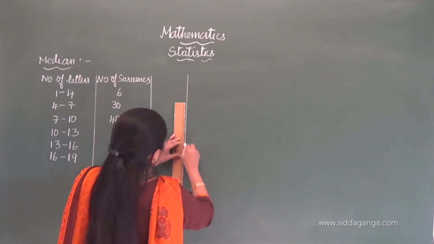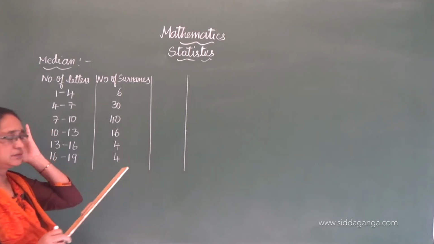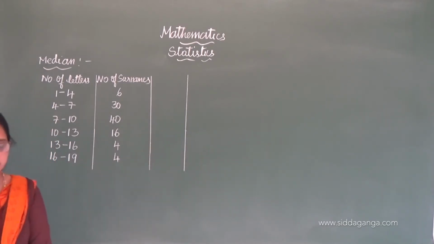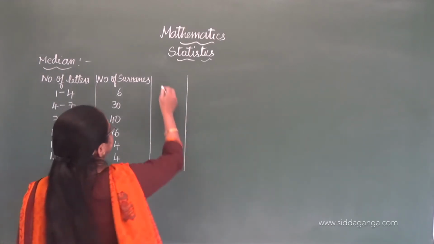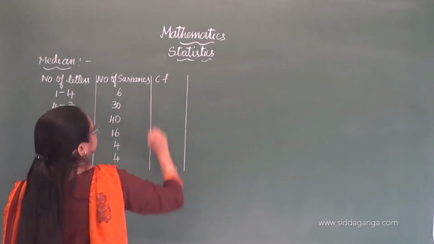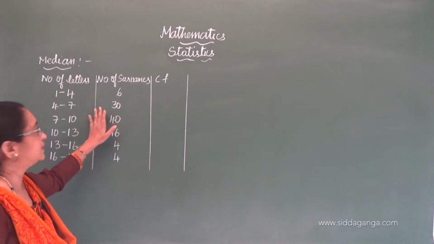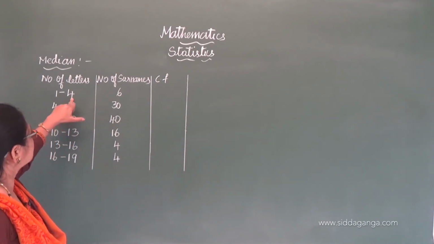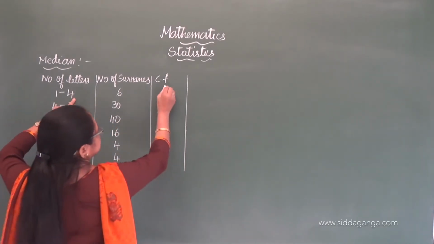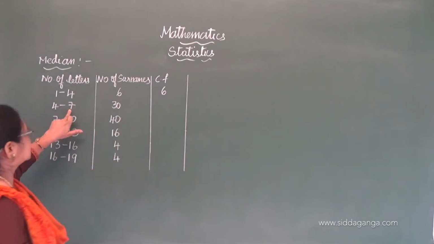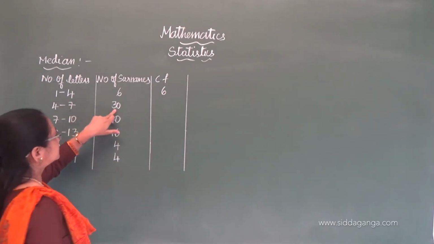So, what is the next column to find out the median? You all know you have to find out the cumulative frequency. So, let us find out the cumulative frequency. Directly I won't write less than all that. So less than 4 how many? 6. Less than 7 how many? 36.